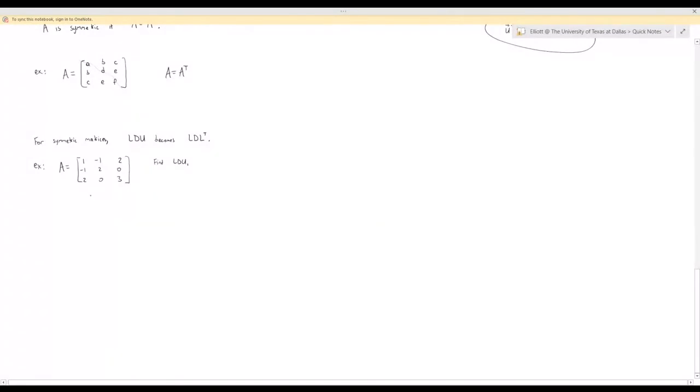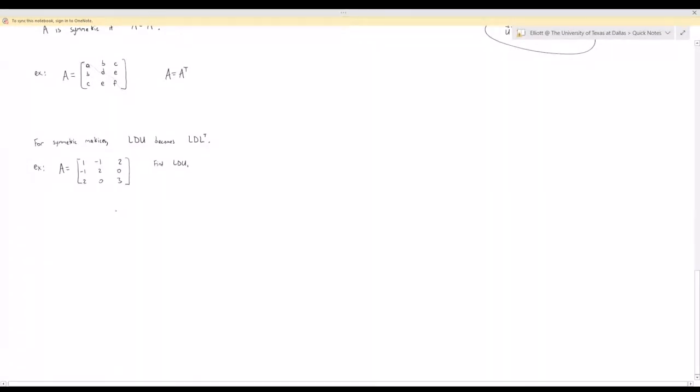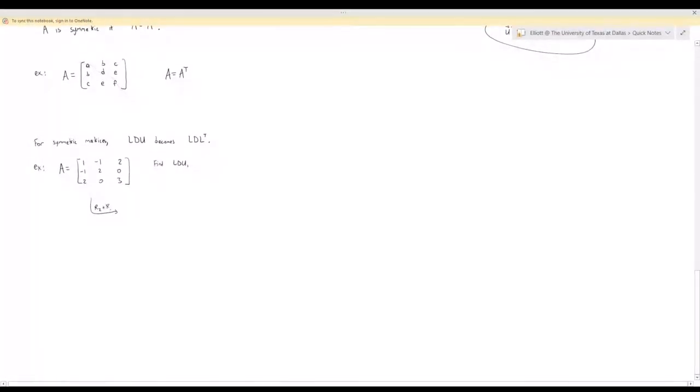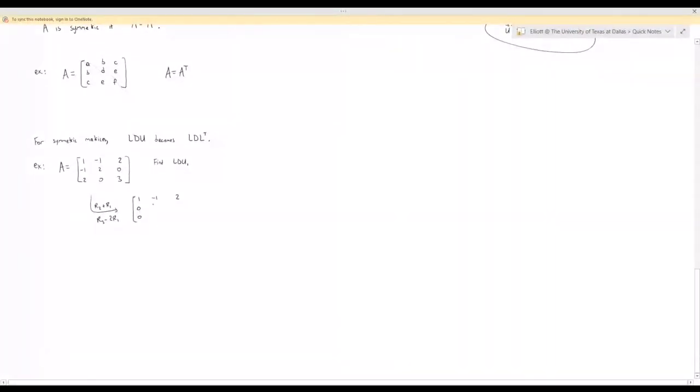What I'm going to do right now with this example is get the LDU decomposition. To do that, we're just going to start with elimination. We're going to do row 2 plus row 1, row 3 minus 2 row 1. So here it's going to be 1, 2, it's going to be 2, and -1.